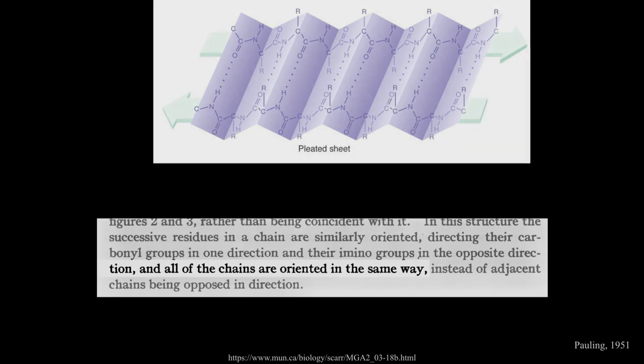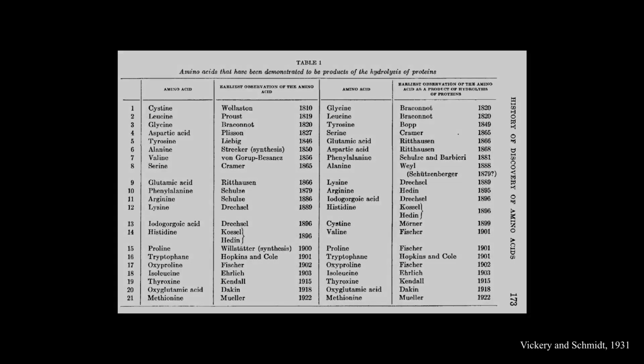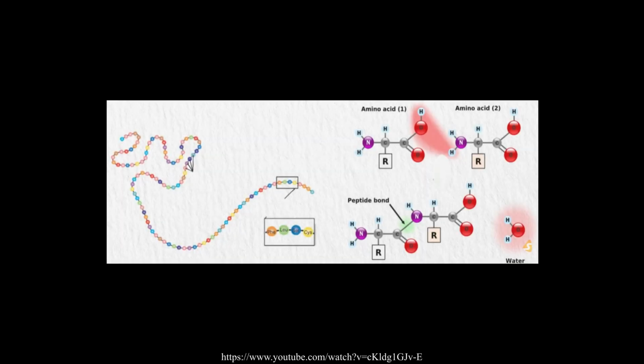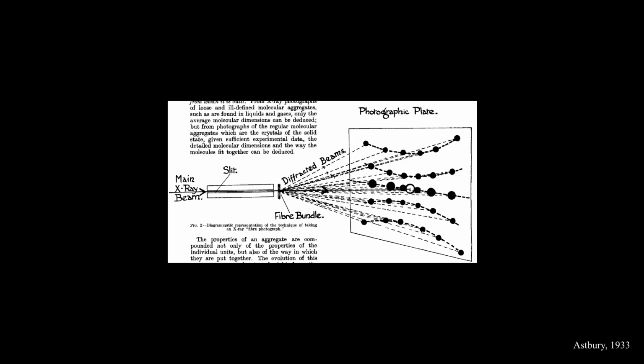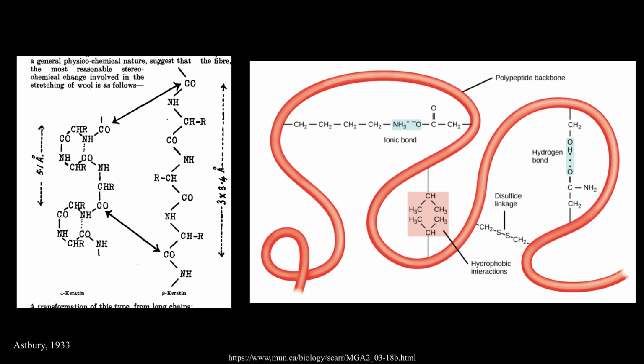And so to summarize, by the early 1900s, most amino acids had been discovered, and Emil Fischer had shown that proteins were made up of a string of amino acids linked up by peptide bonds. Svedberg used centrifugation to show that proteins were large molecules and not just colloids. Astbury used X-ray diffraction to study the structure of proteins and found that they could extend like a spring and that amino acid side chains interact by salt and disulfide bridges.